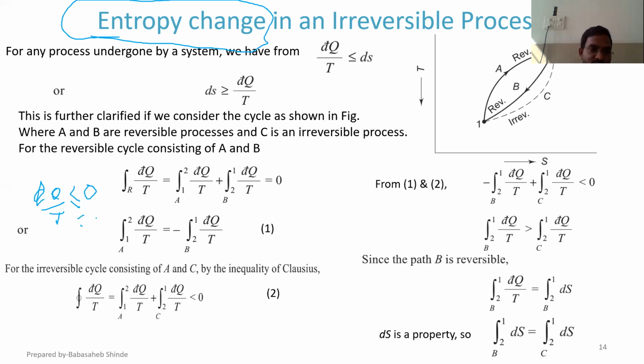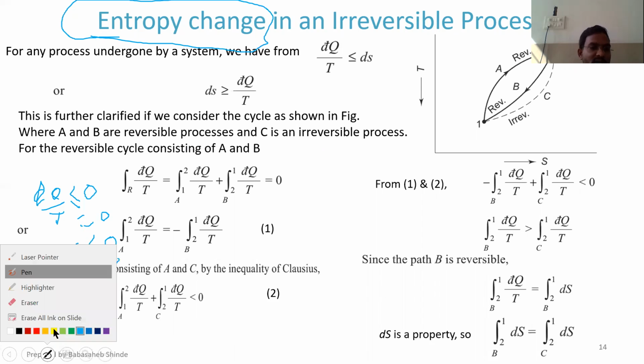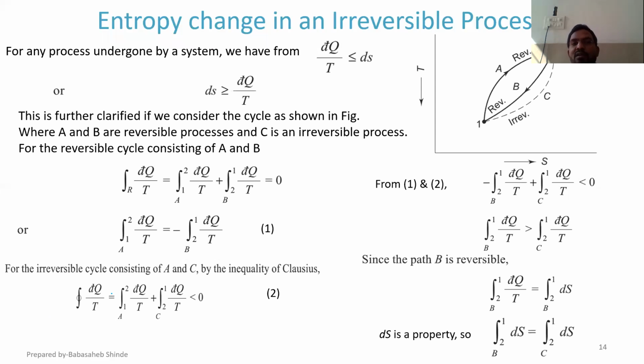If it is equal to 0, the process is reversible. If it is less than 0, the process is irreversible and possible. And when it is greater than 0, the process is simply impossible. The process cannot take place. So now we are going to write the relation for entropy change in case of an irreversible process.